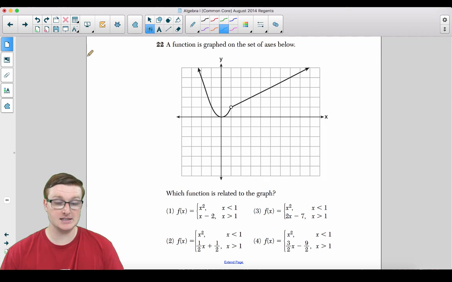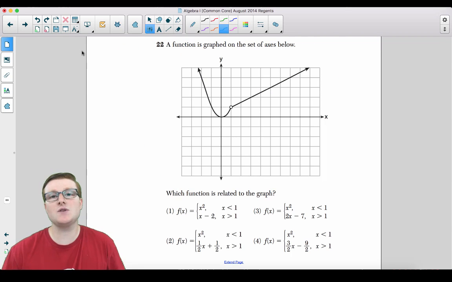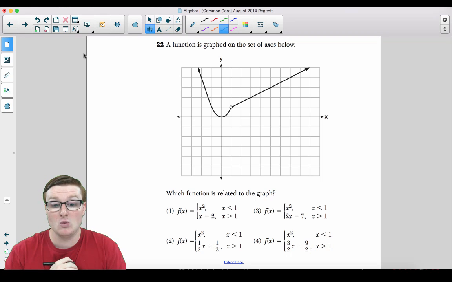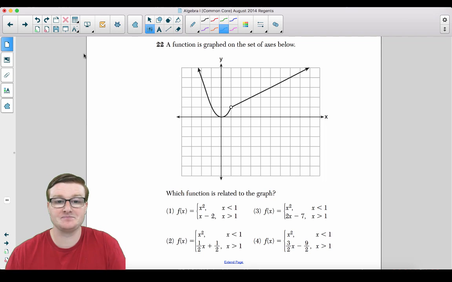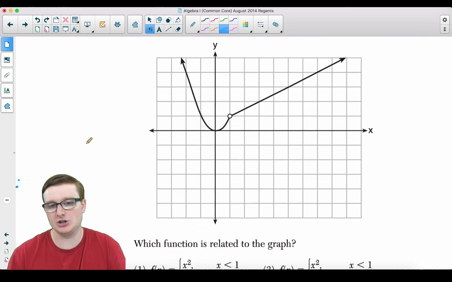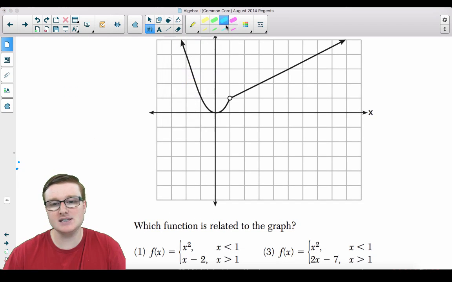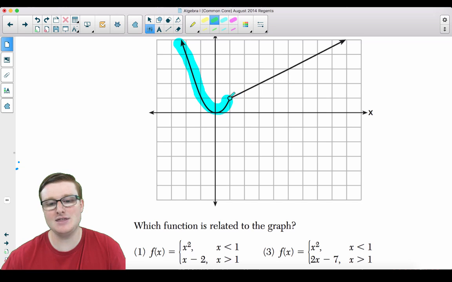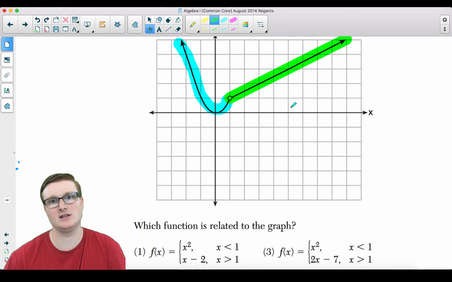22. This is a piecewise function. Remember, a piecewise function is just two functions that are different pieces. Pretty simple. Which function is related to the graph? So what you have to know for yourself is that this function here should ring in your head that that's a quadratic, and that this is a linear function, or a line.